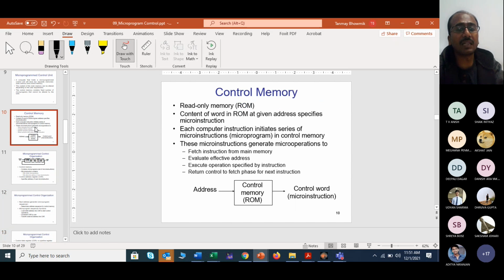Okay, and another part was there: when you think about this control memory, which is actually stored in ROM, right? Just think about your BIOS program. When you are starting your system, ROM becomes active and it controls your system's starting part. So your booting part is also there, right?